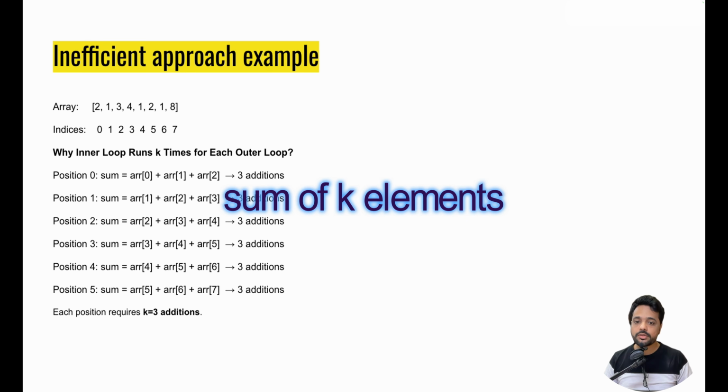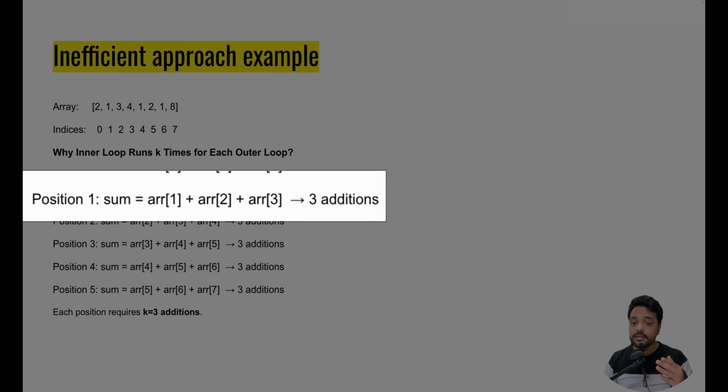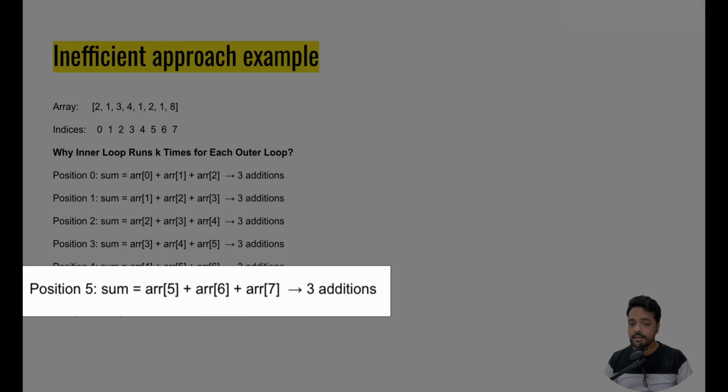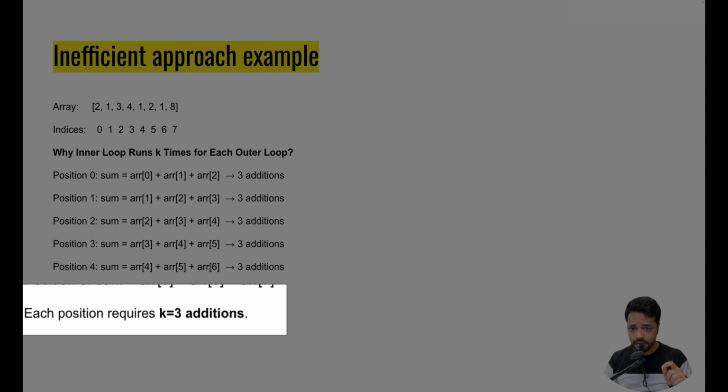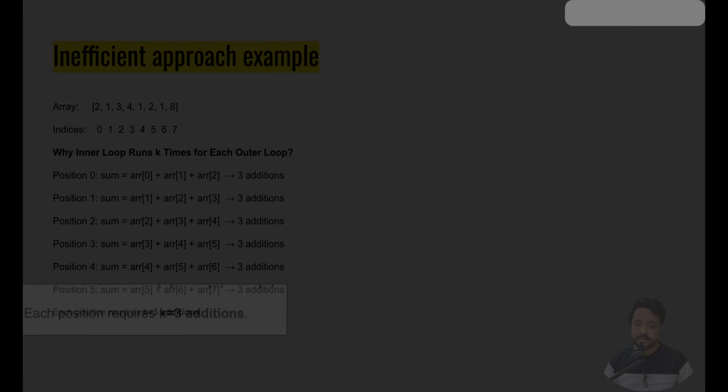And our inner loop runs k times for each outer loop iteration. For each starting position, we need to calculate the sum of k elements. Position 0, sum is array of 0 plus array of 1 plus array of 2, equals 3 additions. Position 1, sum equals array of 1 plus array of 2 plus array of 3, 3 additions, and so on until position 5, where sum equals array of 5 plus array of 6 plus array of 7, which is again 3 additions. Each position requires k equals 3 additions.